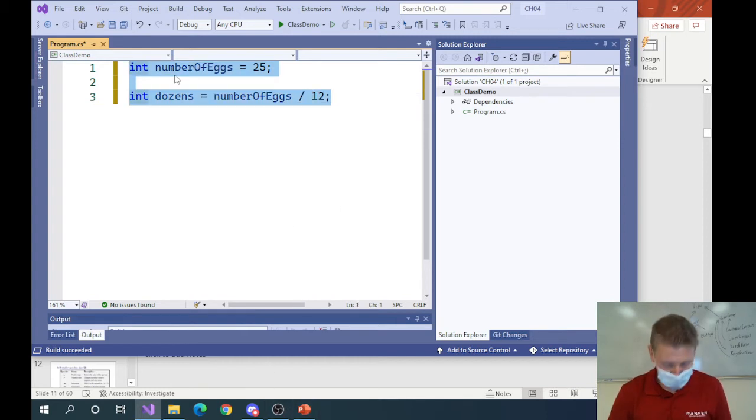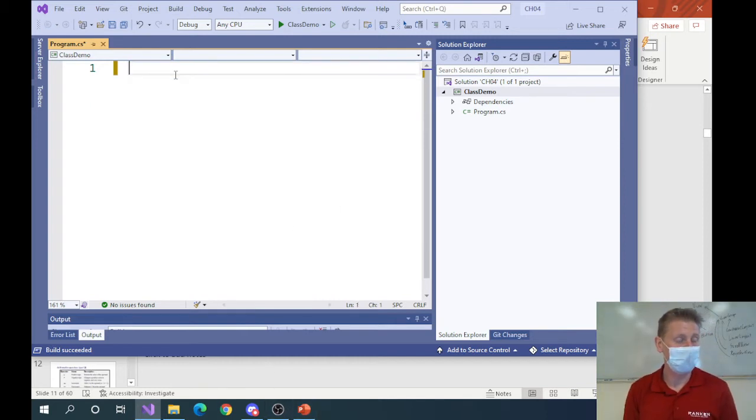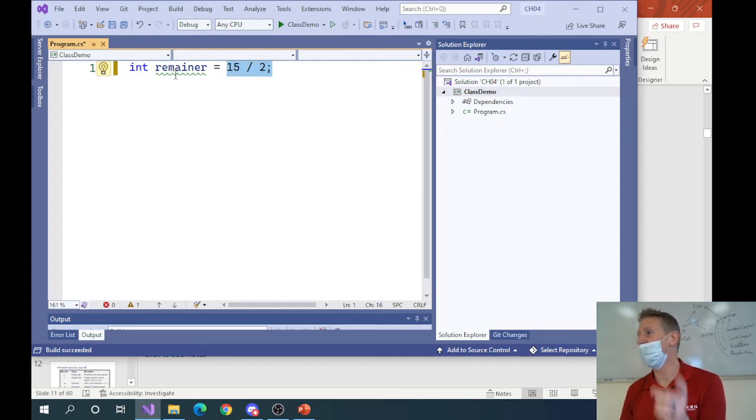So that's integer division. Another fun thing is modulus. Int remainder. Modulus is just a remainder. Before you learned decimal points, you learned remainders. Like 15 divided by 2 is 7 with the remainder of 1.